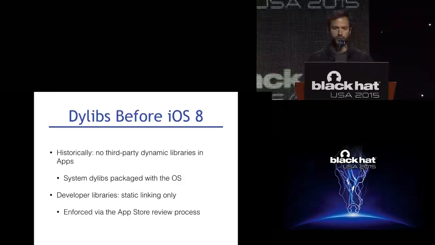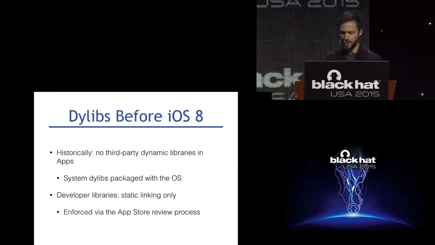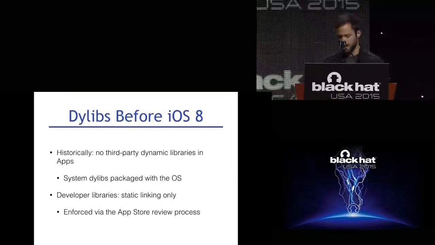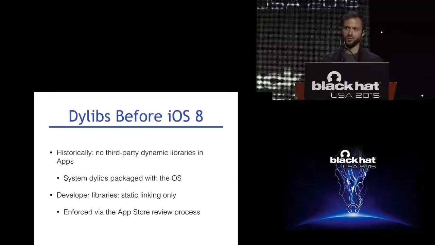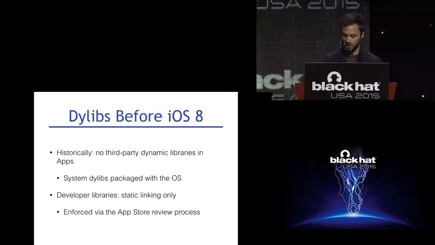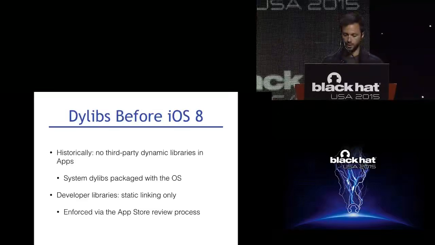And this was enforced by the App Store review process, because at that time, Apple didn't really have a reason to allow dynamic libraries, because applications would consist of only one single executable. And because of the sandbox, there would be no way that applications could interact with other applications through shared code, through a dynamic library.